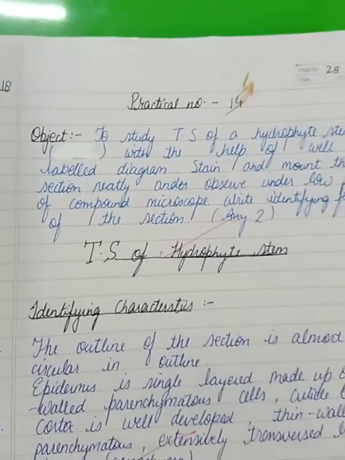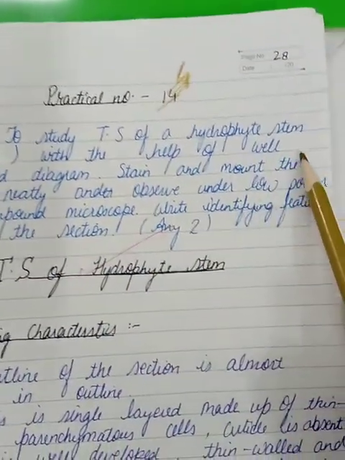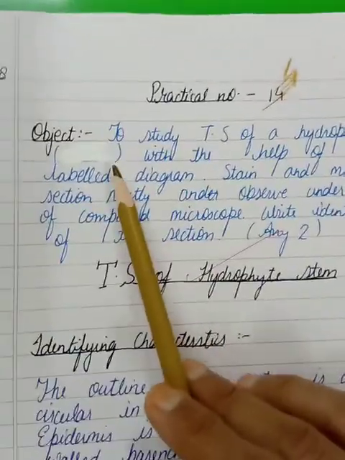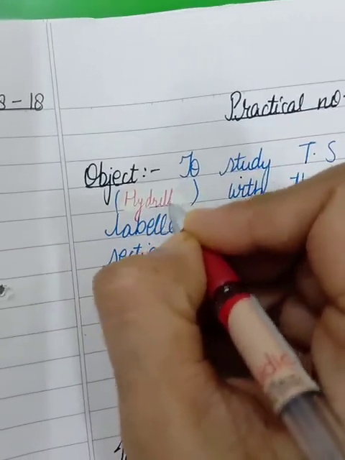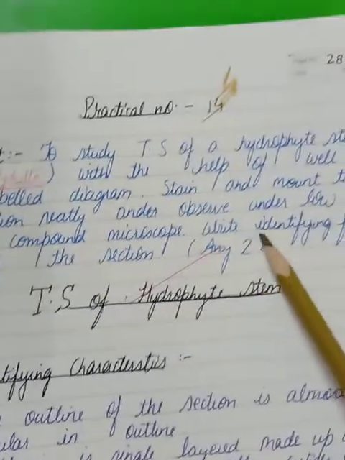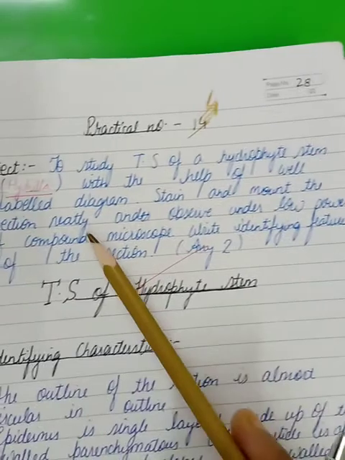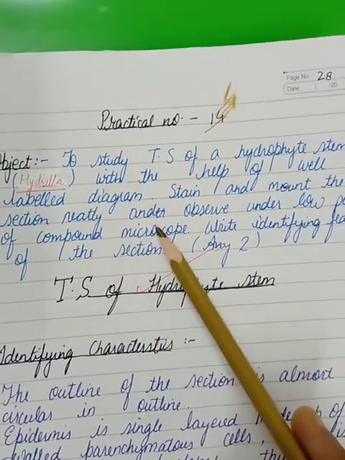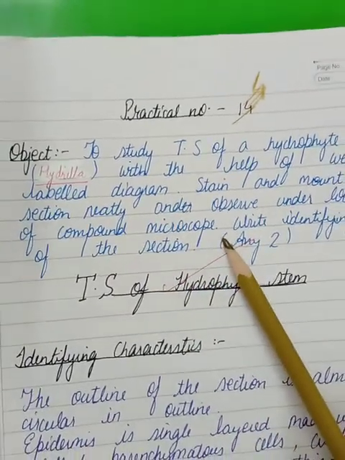For this, don't write any practical number, just write the heading practical, numbering we'll do it at the end, and the date. Alright, so here your object would be to study the TS of a hydrophyte stem. In the bracket you will write down hydrilla and underline it. Alright, with the help of a well-labeled diagram, stain and mount the section neatly and observe under low power of compound microscope.